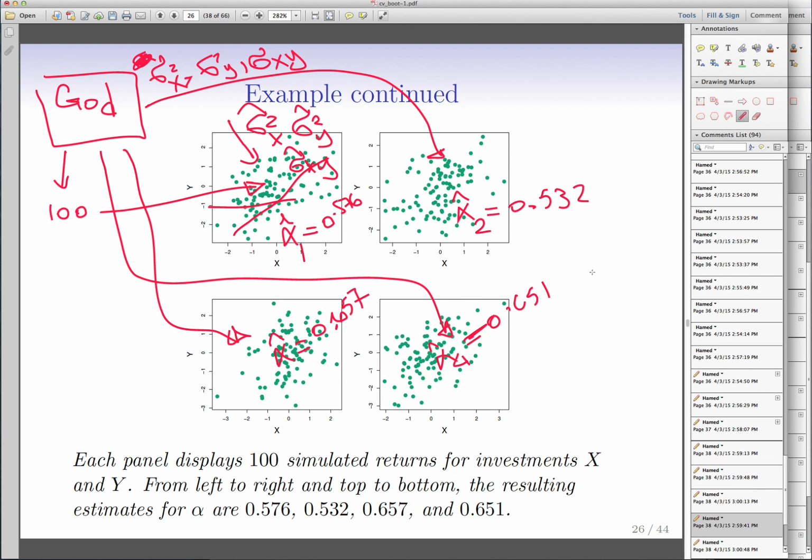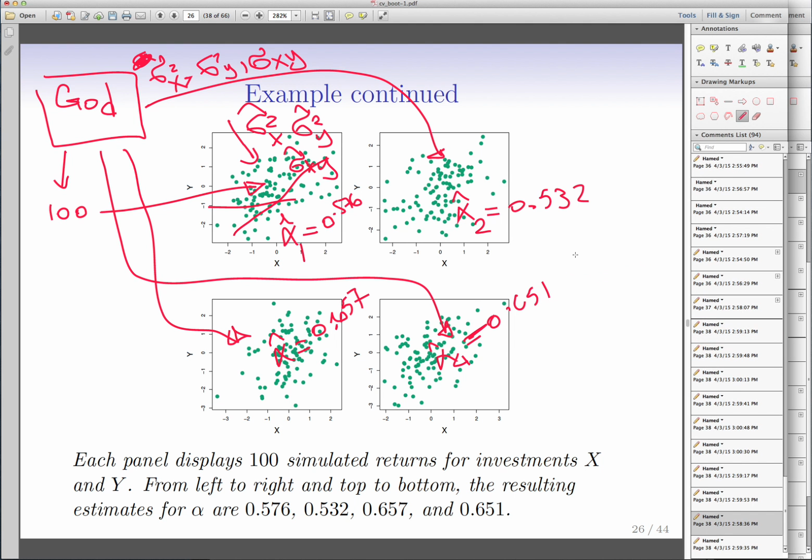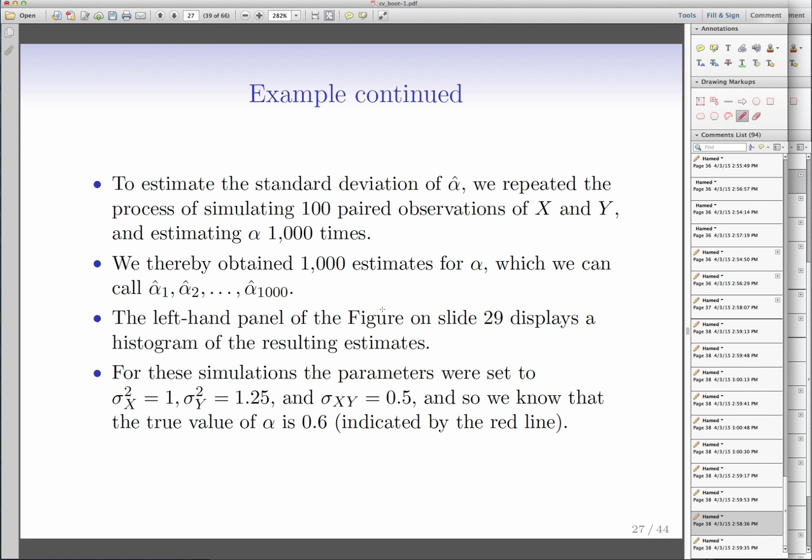So you can ask God to create samples over and over and over again, and each time you get a new alpha hat. Then you put together the different alphas you have created, and you get a histogram of what you have. Let's say God was playing with these numbers. The random generating machine that God had has variance of x equal to 1, variance of y 1.25, and covariance 0.5.